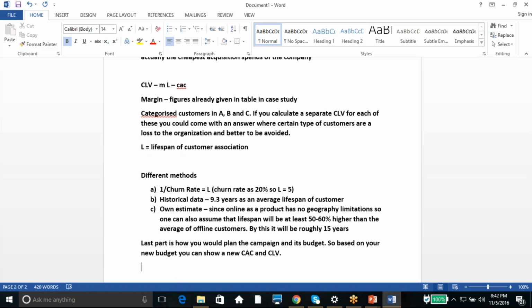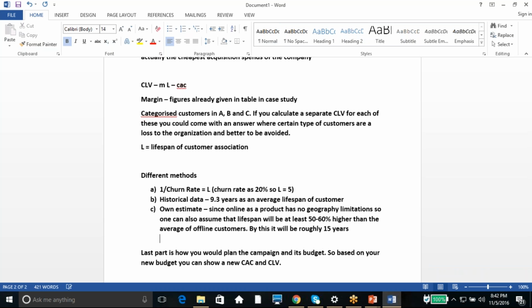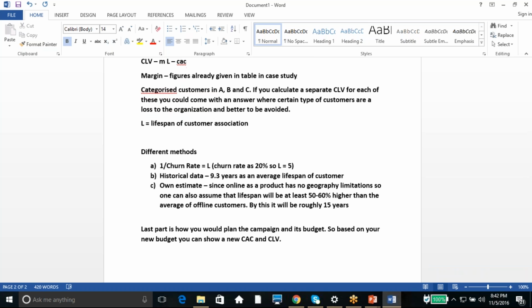So that's how you do it. Primarily, everything boils down to CAC and CLV, and in the on-ground marketing that's happening in any organization, people will only talk to you about CAC and CLV, and based on that, you can justify whatever budgets you're asking for.